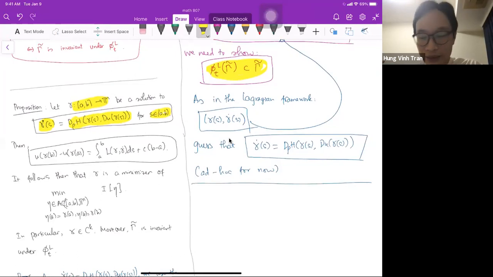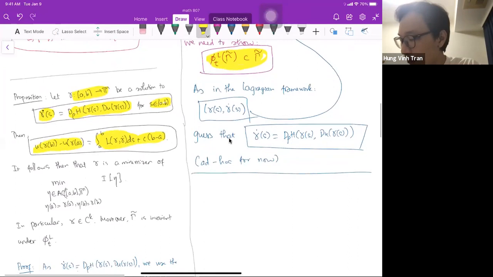So if this is the case, we are able to prove that the difference of u evaluated at the two endpoints is equal to the action functional on gamma, plus a normalized constant c times b minus a. Okay. Moreover, from here, I'll recall why, but we can imply magically and immediately that gamma is a minimizer of the minimizing problem, right?